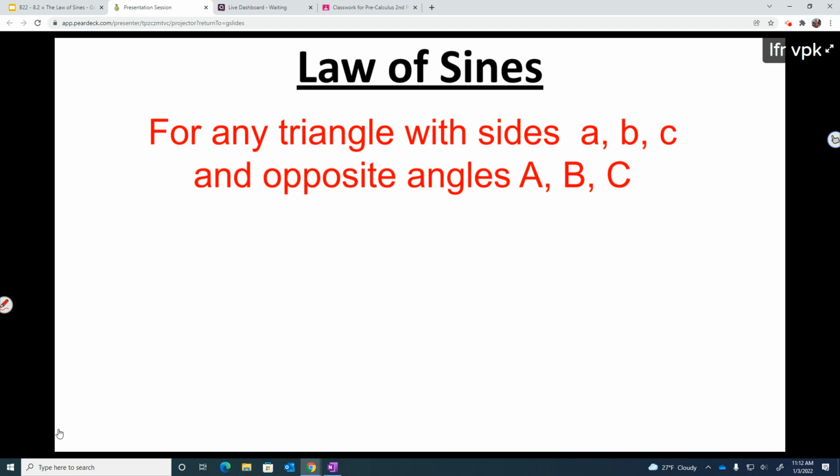They could be like j, k, and l, or l, m, and n, something like that. But the main thing is we're going to call the sides the little letters, and then the opposite angles we're going to call the big letters. Then we'll draw a picture of what this looks like. But sides are little letters, angles are big letters. It's just in math how we do this, and it would have been the way that you would have done it in geometry if you've seen this before.